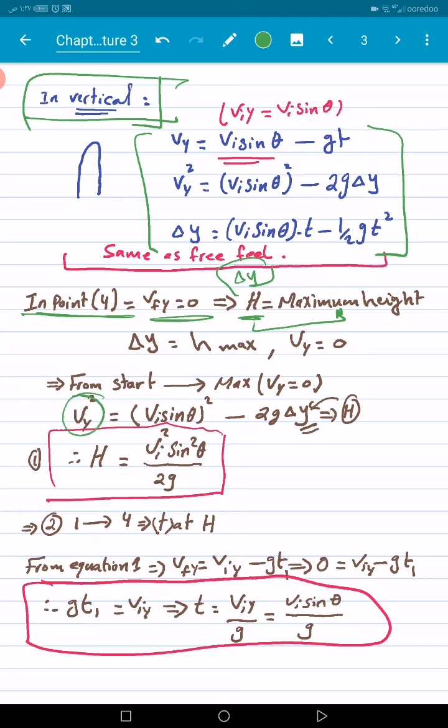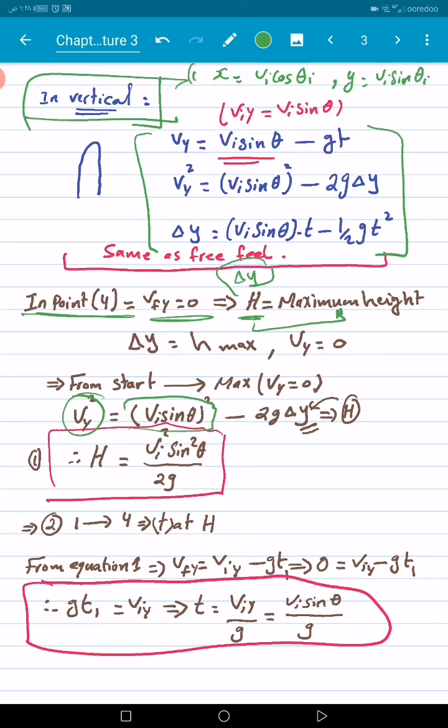Equation 2, V final y is equal to V initial sine, and from equation 1, the important equation, the y and x as components, as a combination, and the value in x and the value in y. So in x, in the horizontal, it equals Vi cosine theta i, and in y it equals Vi sine theta i.